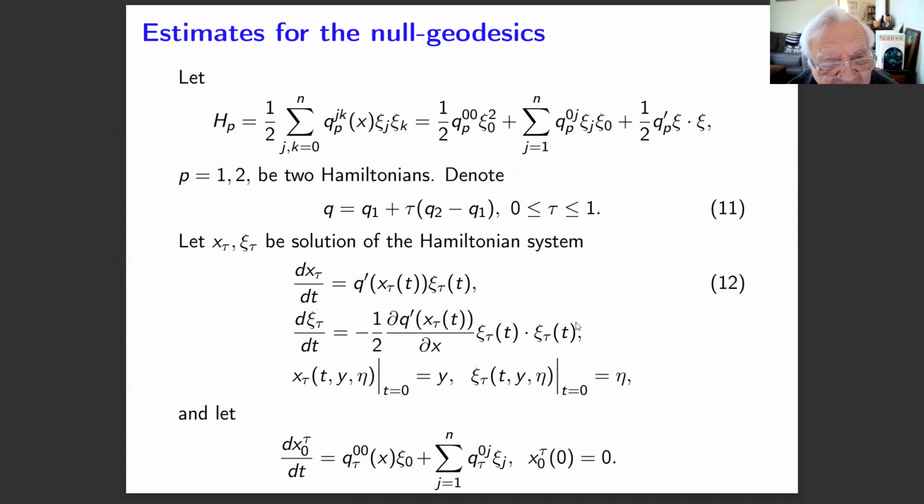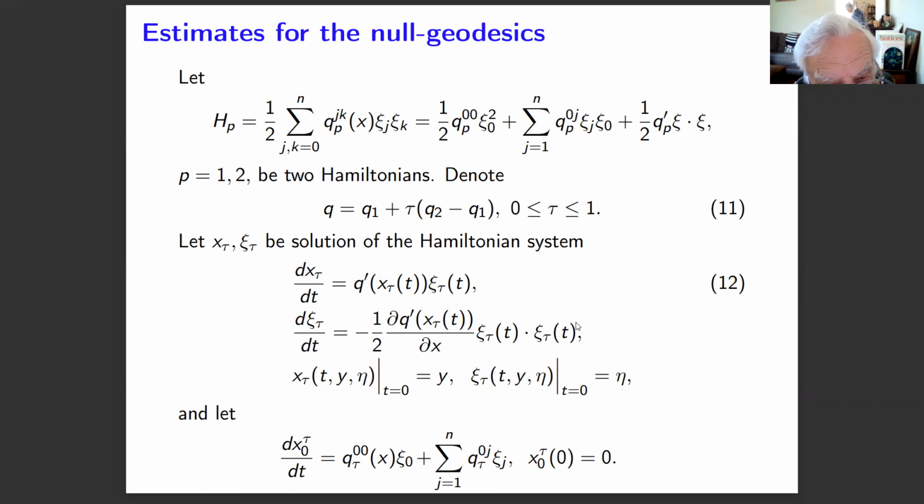If you substitute this into the Hamiltonian system, we get the Hamiltonian equations depending on tau: dx/dt, d xi/dt equal Q prime, dx/dt equals minus half partial Q_1, Q prime Q_x, xi tau dot xi tau.